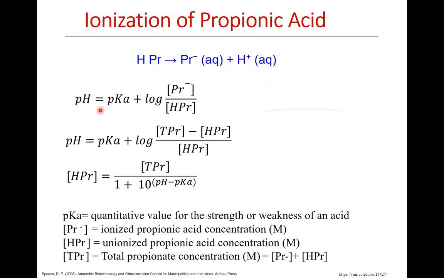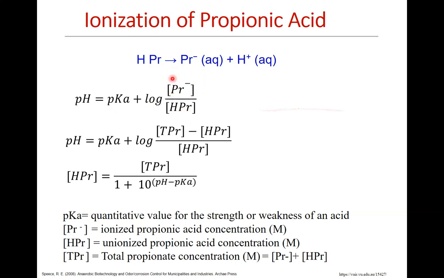If we consider that pH is equal to pKa, where pKa is the quantitative value for the strength or weakness of an acid, plus the log of the ionized propionic acid concentration, Pr minus, divided by the unionized propionic acid concentration inside the digester.